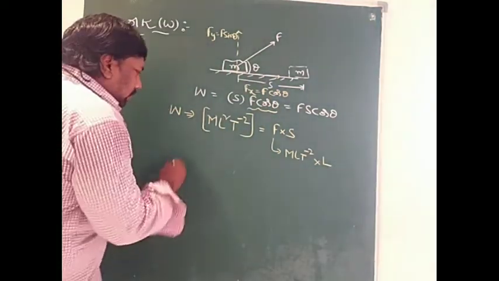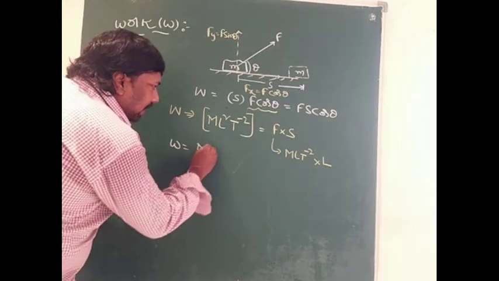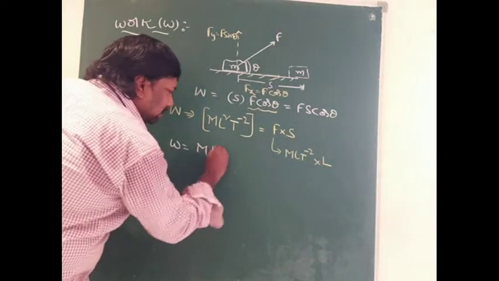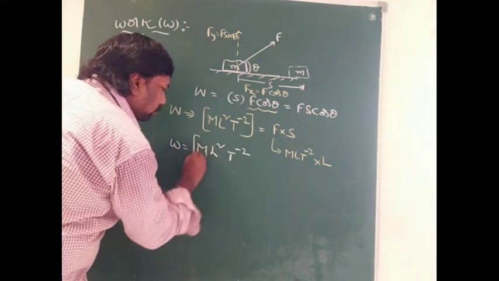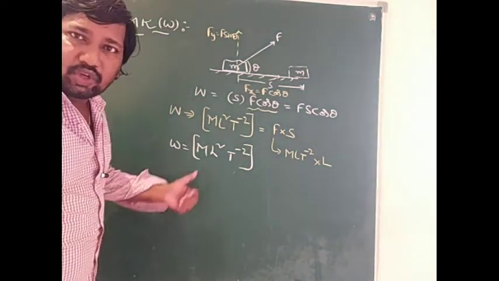Therefore W equals MLT⁻² into L, which gives ML² T⁻². This is the dimension formula of work.